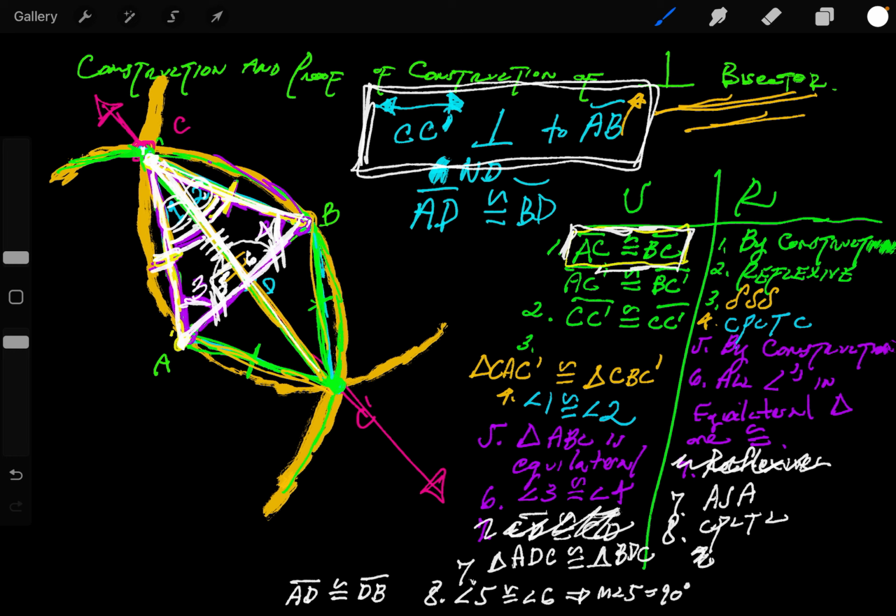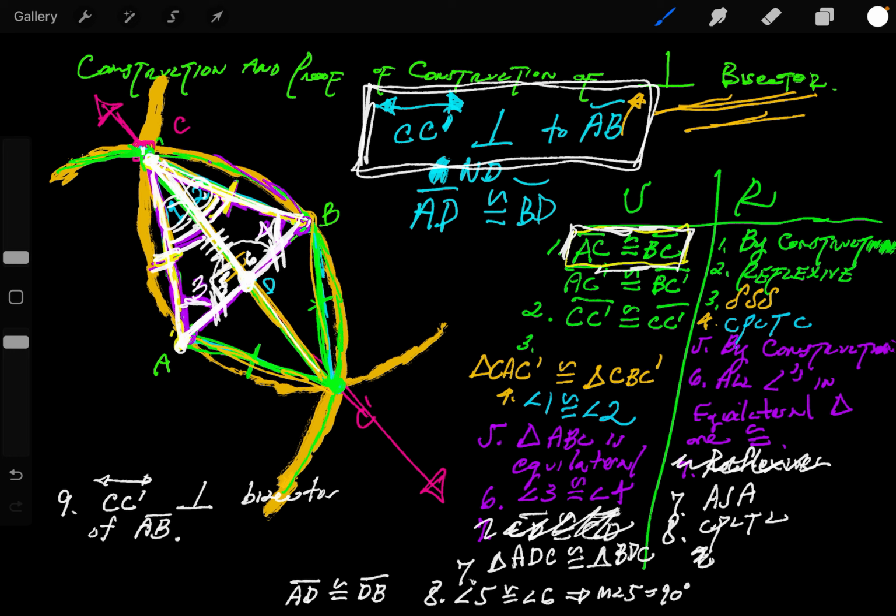That forces that D is the midpoint, or that C, the line C prime, is a bisector of AB. And now you could just state the conclusion that C prime is perpendicular bisector of AB, because it satisfied the conditions for being a perpendicular bisector.